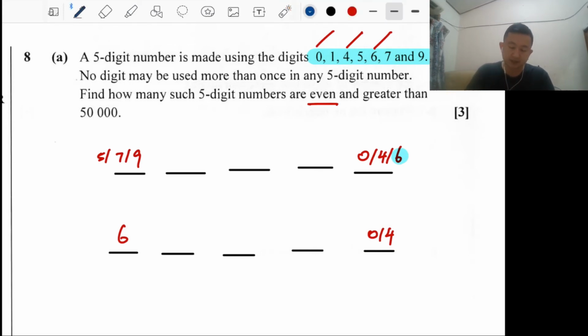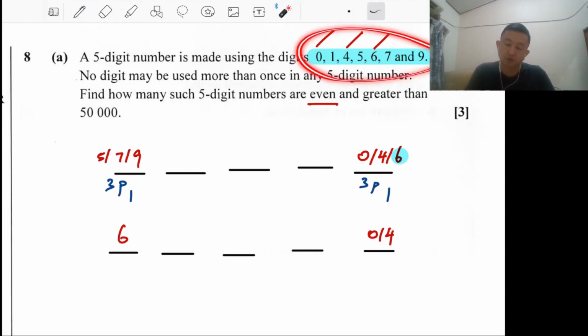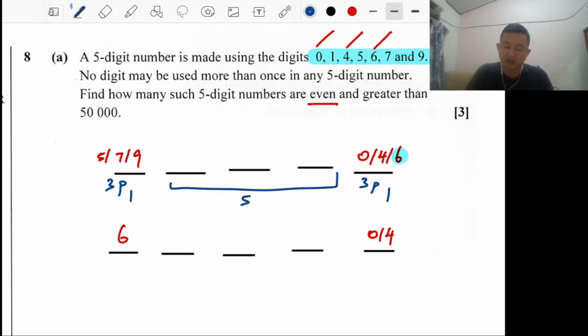So this is 3P1. We have 1, 2, 3, 4, 5, 6, 7. We have 7 in total, minus 1, minus 1. So we have 5 more left, and you're going to pick 3 to be filled.